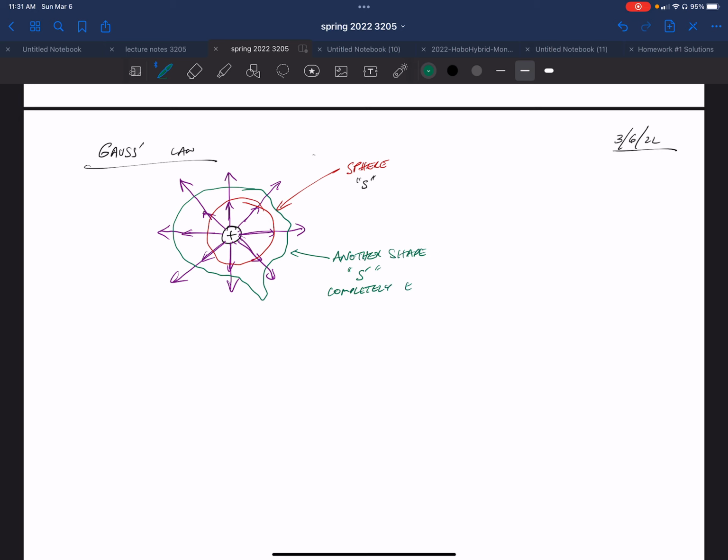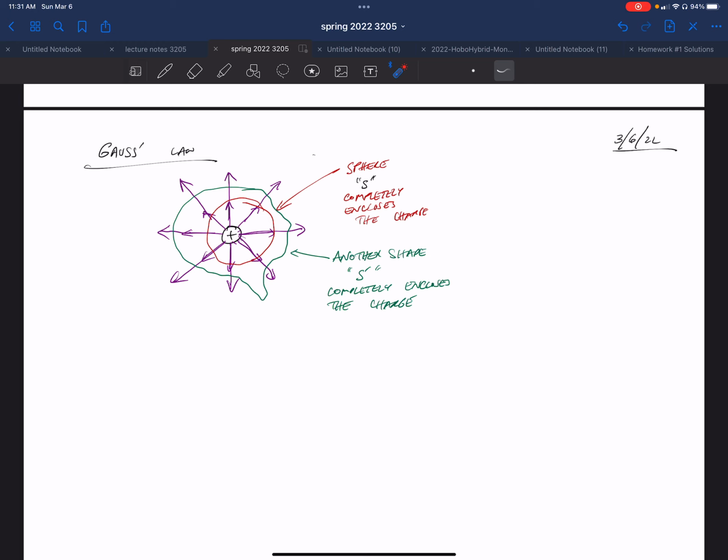And of course, the sphere also completely encloses the charge. I'm sorry, I didn't draw this very well. It should be a sphere centered around this charge, but hopefully you get the idea.